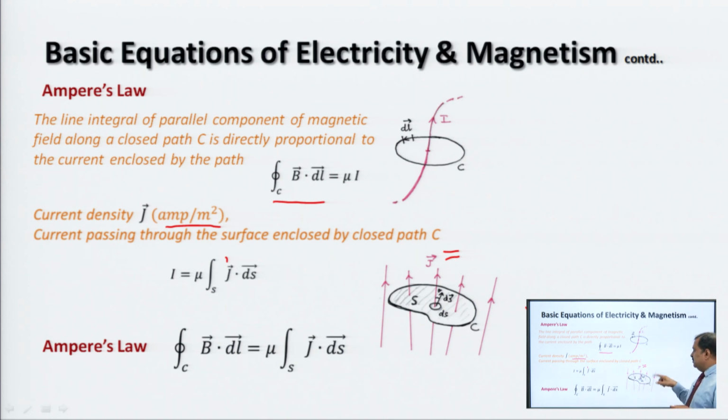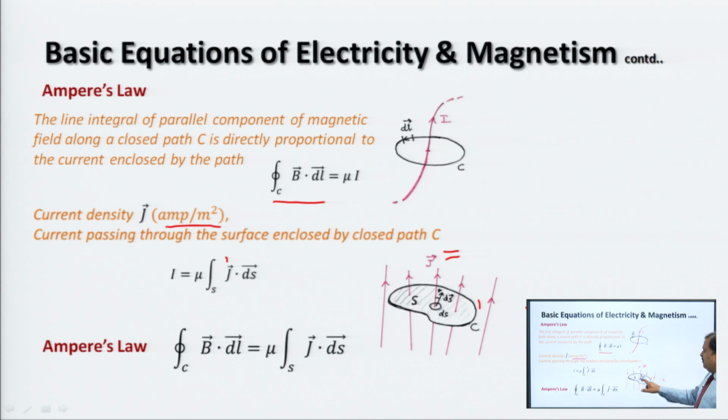These red arrows represent the direction of current, or you can say the direction of current density. Now, if we consider a closed path C in this region, then what is the current enclosed by the closed path?